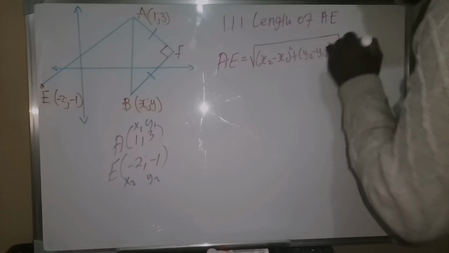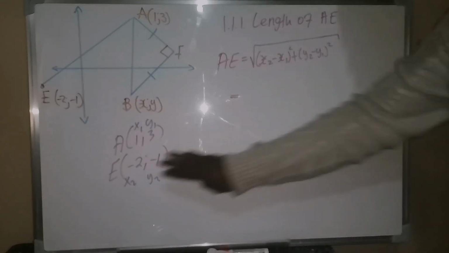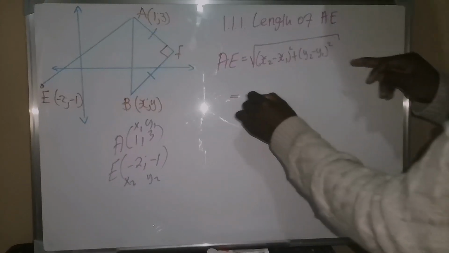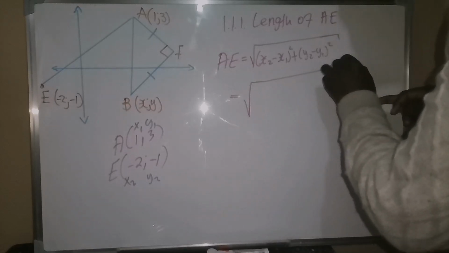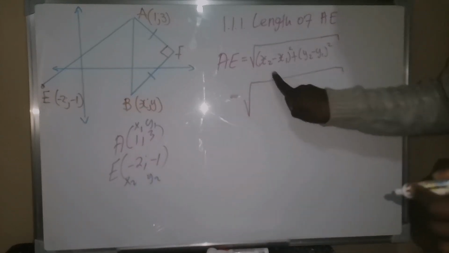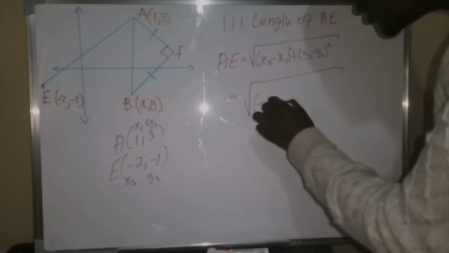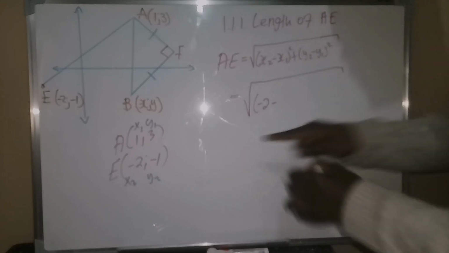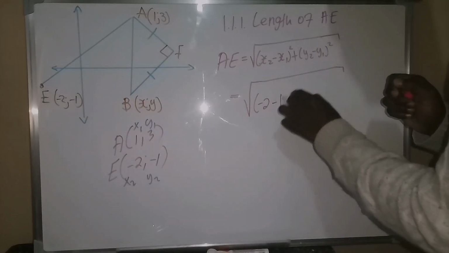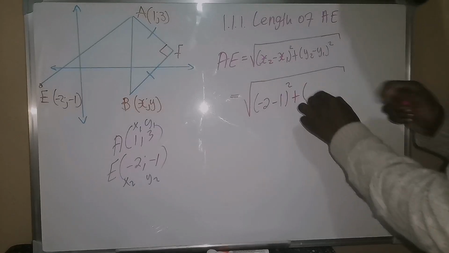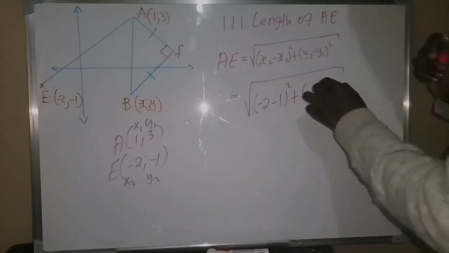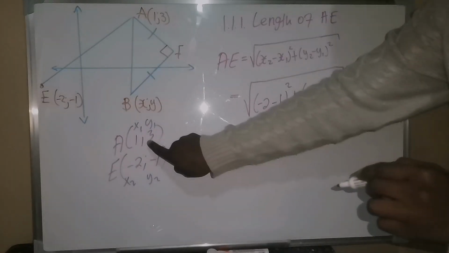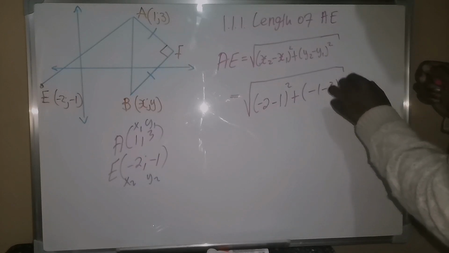This is the formula for distance. Now you point out your x2s and x1s: (-2 minus 1) squared plus (-1 minus 3) squared.